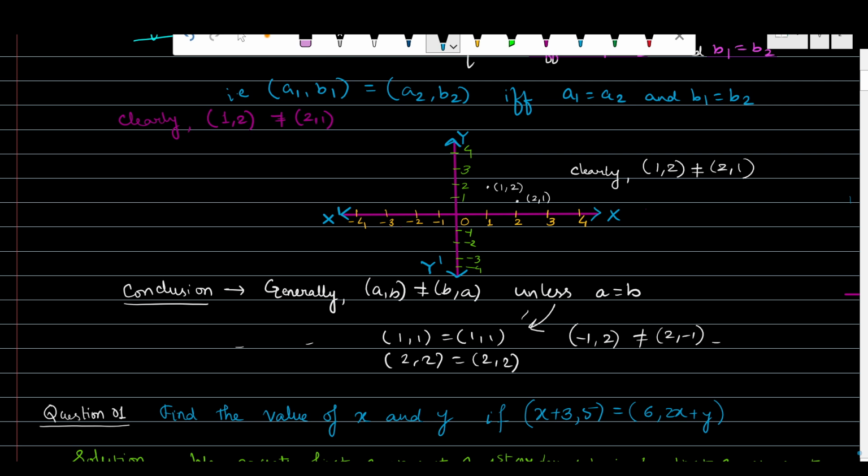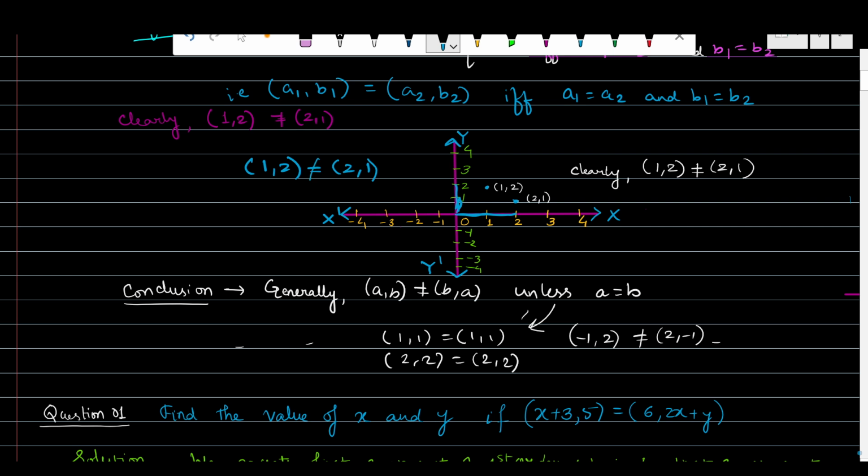Suppose we take the point 1 comma 2: 1 unit on the x-axis and 2 units on the y-axis gives us this point 1 comma 2. Similarly, if we take another point, say 2 comma 1, so 2 units on the x-axis and 1 unit on the y-axis gives us this point. Clearly these 2 points lie on the xy plane in the first quadrant, but they are not equal. This point lies over here and this point lies over here.